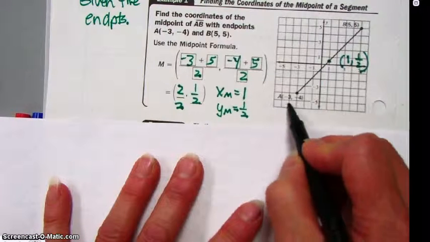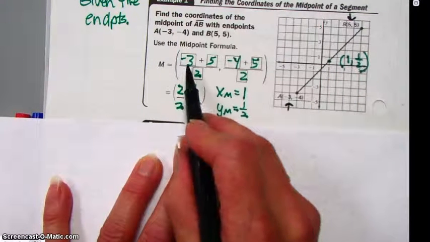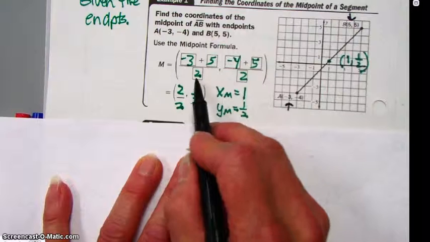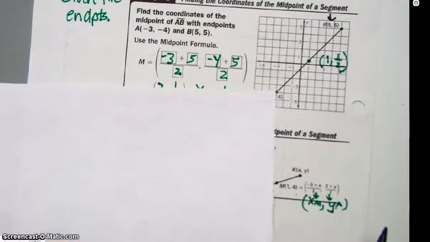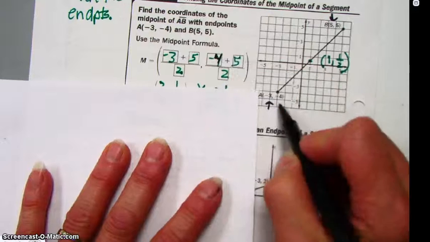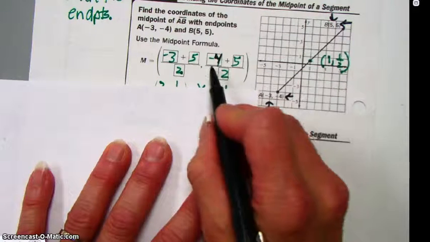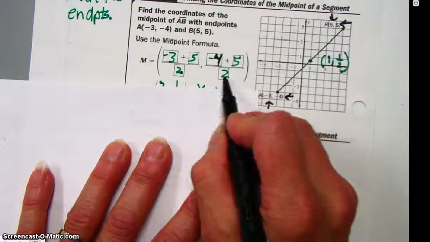As you can see here, on my midpoint formula, I have the x's right here, if you locate the x's. And so it's negative 3 plus 5 divided by 2. And if I take the y values, it is negative 4 plus 5 divided by 2.